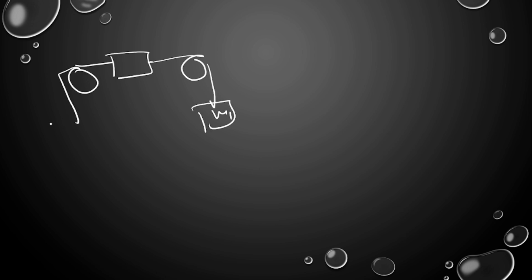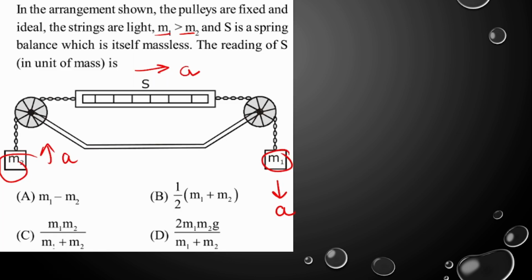First of all, this is the spring balance, M1, this is M2. My figure is not so good. Here we will have M1g. Here we will have tension and acceleration is in this direction.